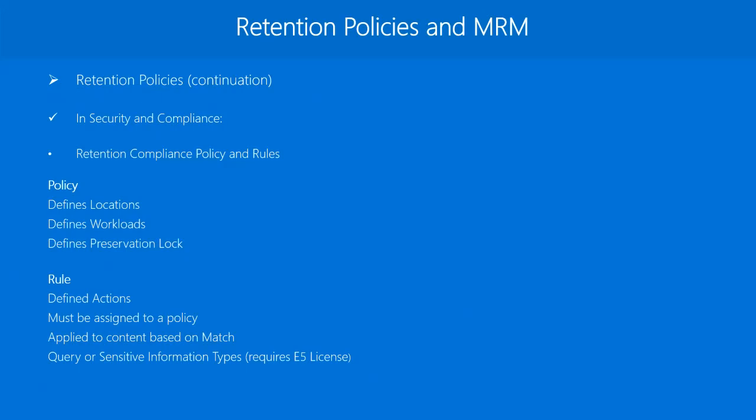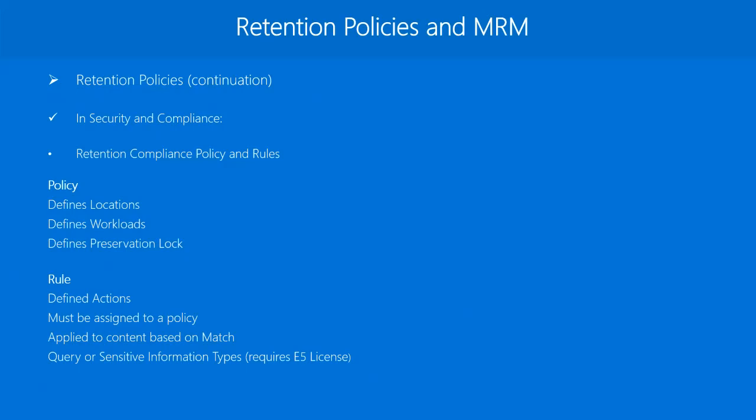When it comes to retention compliance rule, the rule will define the workload that it applies to and will define the query if one is present, as well as the retention action, duration, and the duration type. If you are using an E5 license, then you are opened up to some additional query based features.